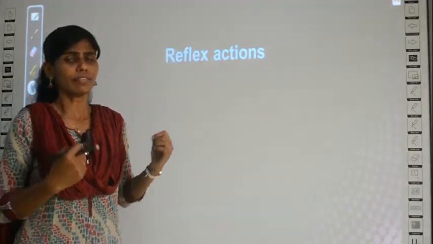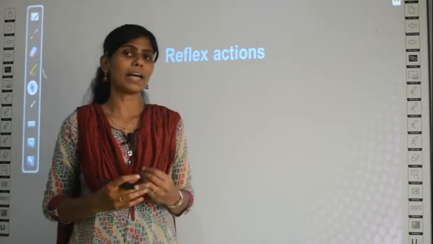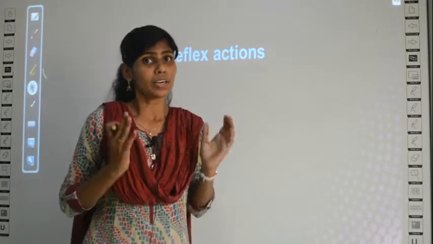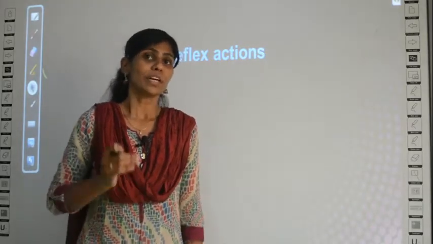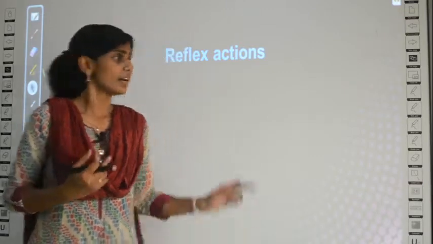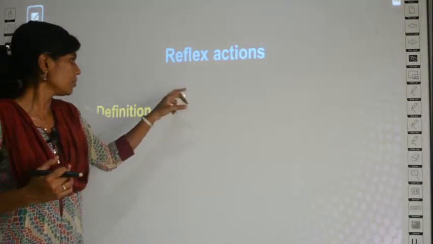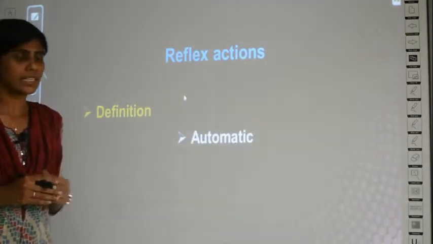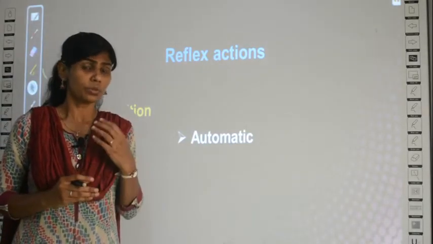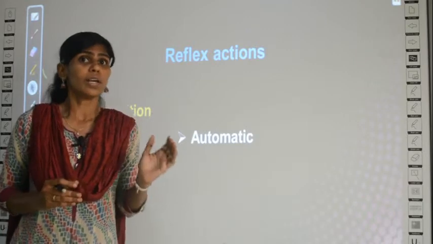This is a reflex action, without proper planning or deciding whether to continue holding on or to leave. You do it without your consciousness, and this is called a reflex action. You can define reflex action as an automatic response. Why is it automatic? You cannot hold on.